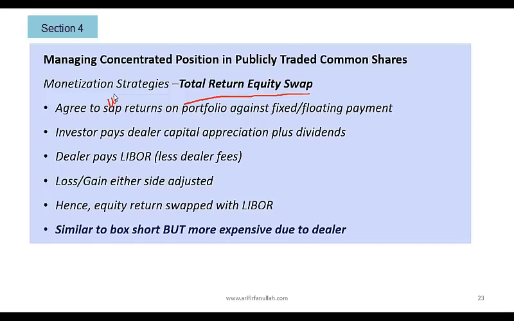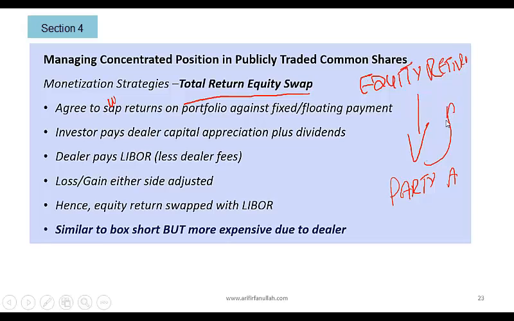The most common example when we are studying swaps, whether it's Level 1, 2 or 3, is that I give my entire equity return to party A, and he gives me LIBOR back. So what have I done? I've created a hedge. Again, I've created a hedge. So what's my maximum benefit? It's LIBOR.